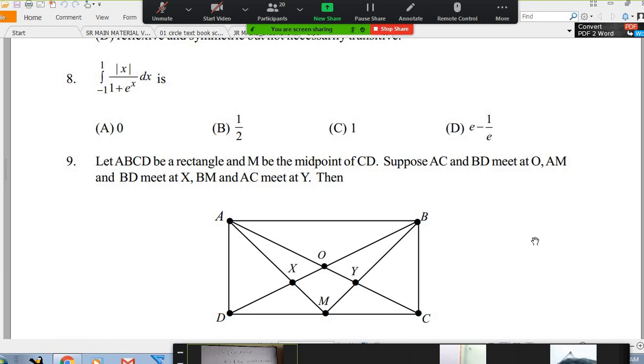Okay, eighth question. This is not an odd function, so to find its value. Integral -1 to 1 mod x by 1 plus e power x dx.